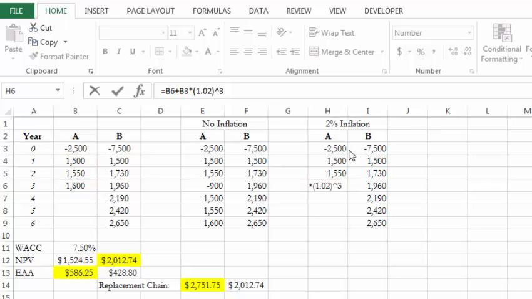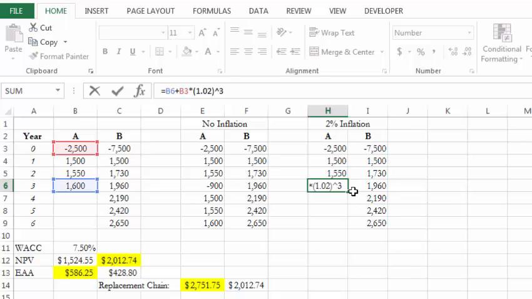So it's 3 because we're doing the 2500. It then undergoes 2% inflation for year 1, 2, and then 3. That's when we actually have to buy a new one, which we're assuming grows at 1.02 for 3 time periods. I'm hoping that makes some sense. And the way we've set this up, it's going to do this correctly if we just copy it down.